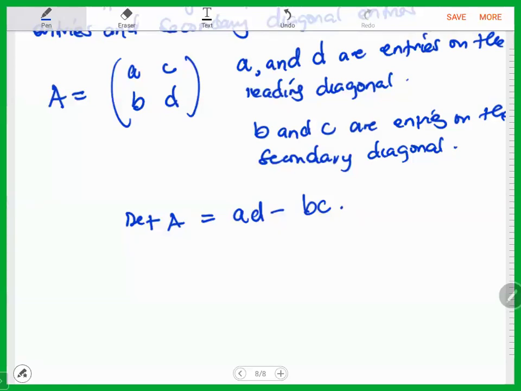The leading diagonal can also be called the major diagonal, and this is the minor diagonal.